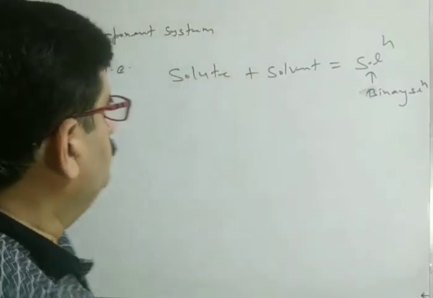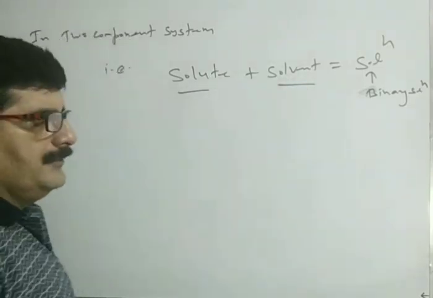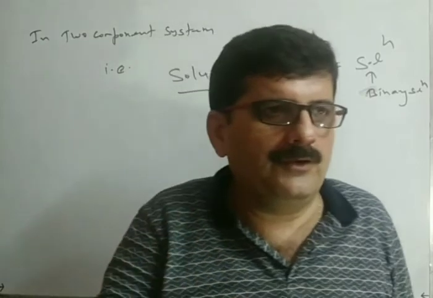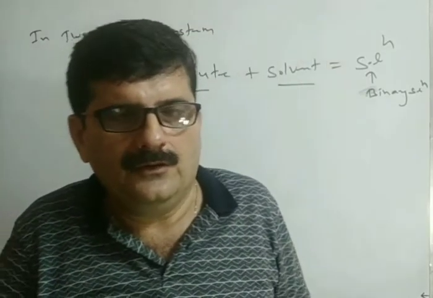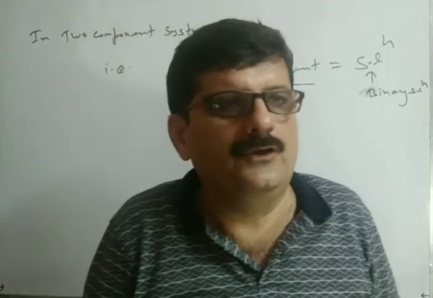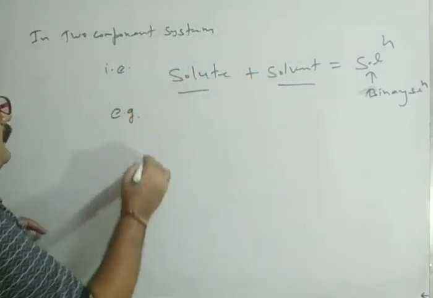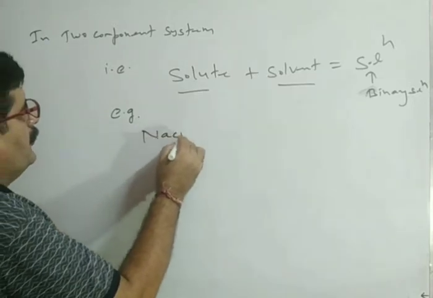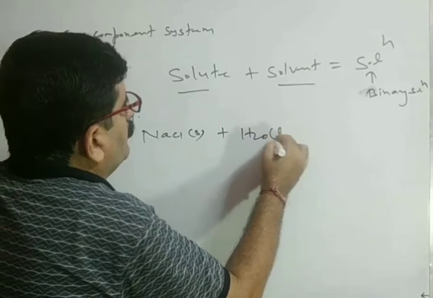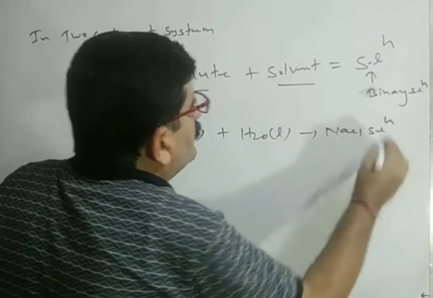If solution is ternary, it means the solvent is fixed, but you can take two solutes. Such solution is called ternary solution. In a two component system, the component whose physical nature is similar to that of solution is called solvent, and the other part is called solute. Suppose if we take NaCl solid plus water liquid gives NaCl solution.